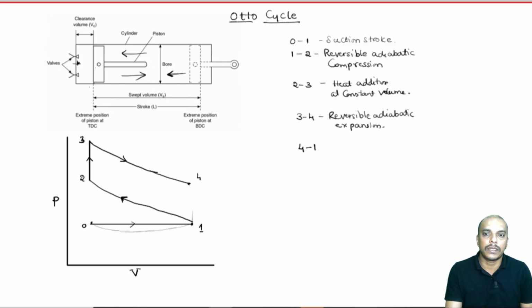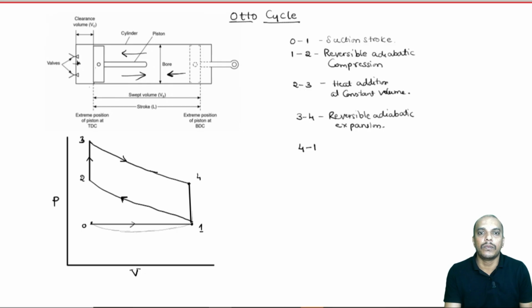The moment the exhaust valve is open, most of the energy within the combustion products, most of the gases inside the cylinder, moves out of the cylinder, which means as if the piston is here only, we are assuming that the heat is rejected at constant volume. That is the assumption.